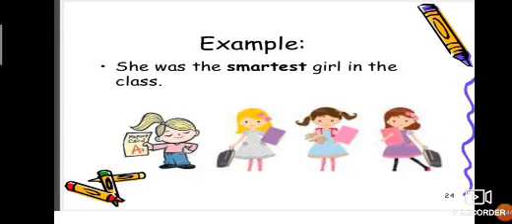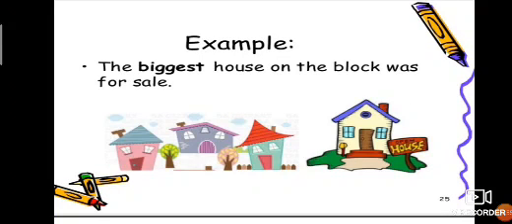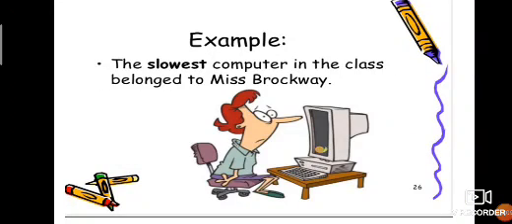She was the smartest girl in the classroom. When comparing with the classroom, there is a large number of girls, maybe 50, maybe 30. Among them, only this girl is the smartest. The biggest house on the block was for sale. We compare with so many houses. The slowest computer in the computer lab belongs to Miss Brockway.